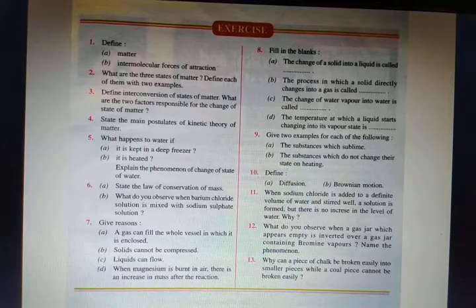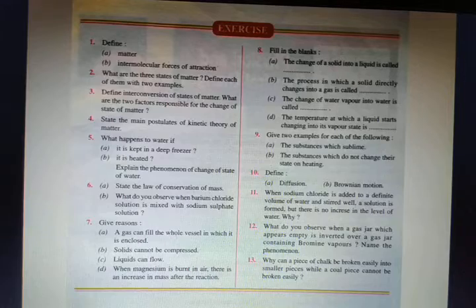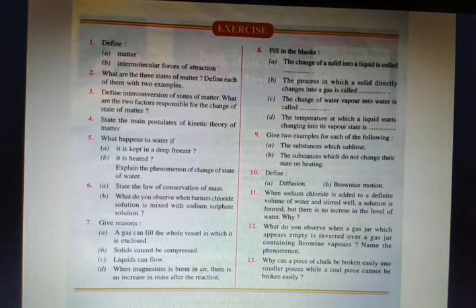Okay. The next question is define intermolecular forces of attraction. The definition is the attractive force or the force of attraction which exists between the particles or molecules present inside a matter is called intermolecular forces of attraction.